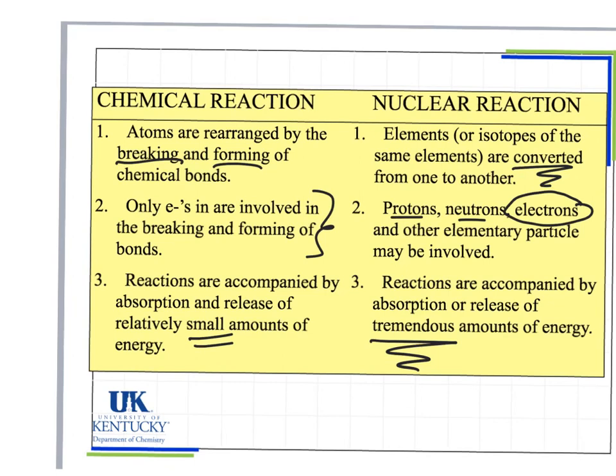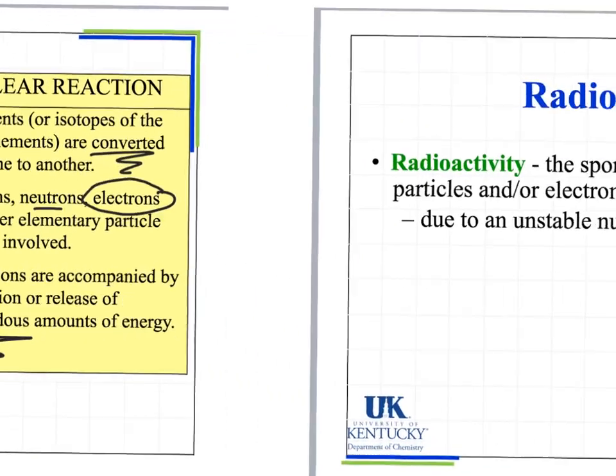So, your nuclear explosions, energy running off of nuclear subs, when we get nuclear energy from reactor plants, this is a lot of energy out of a very small amount. So that's what's different between a chemical reaction and a nuclear reaction.